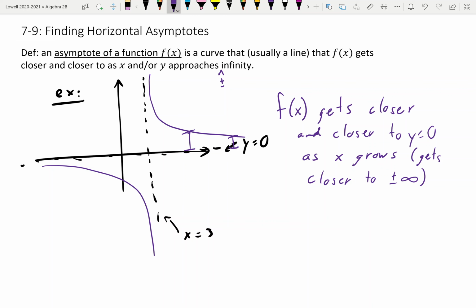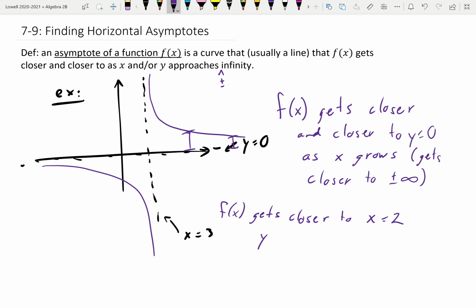Okay, but if we look at a vertical asymptote, just to make sure that our definition fits here, on our vertical asymptote here, our graph, again, gets closer and closer to the graph x equals 2 as, what happens there?